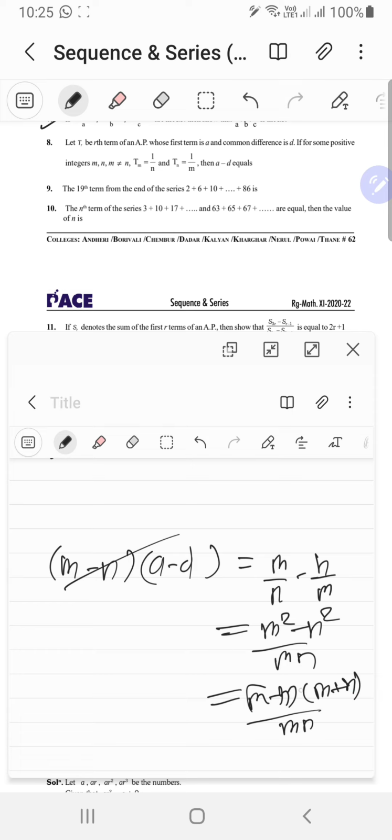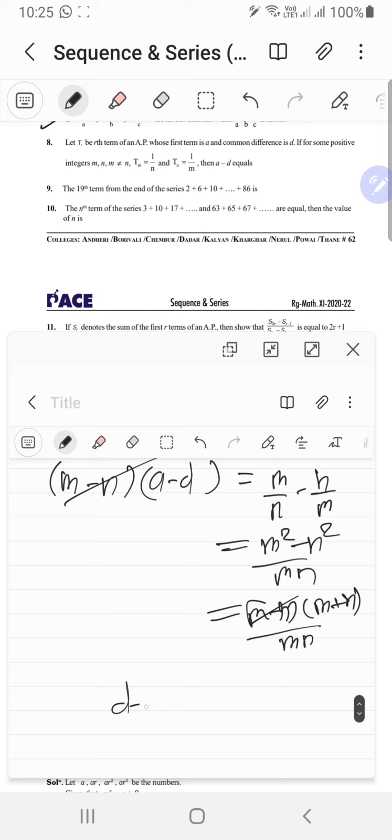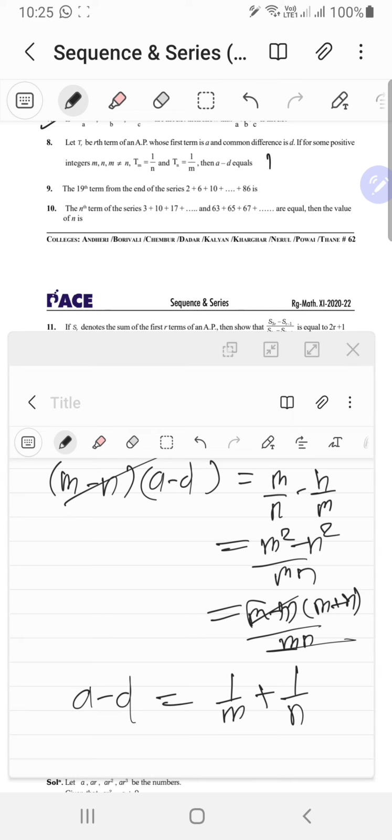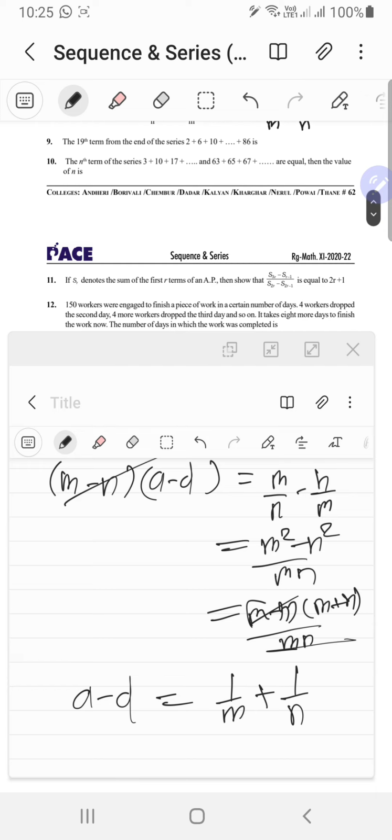Then get rid of the m minus n factor. So a minus d, we can write this more beautifully like this. Yeah, nice.